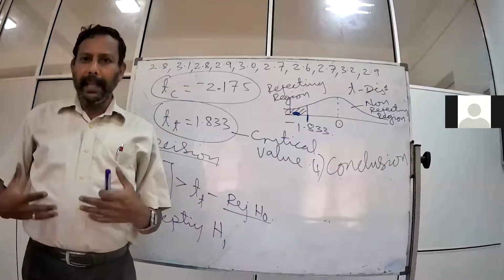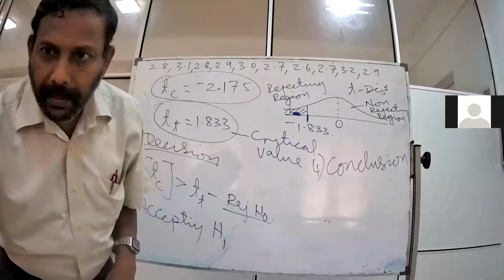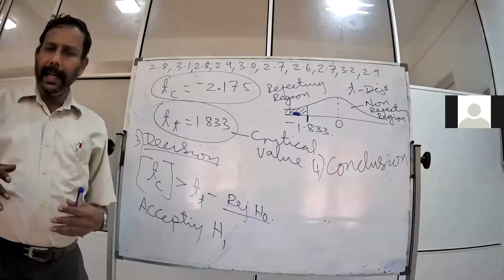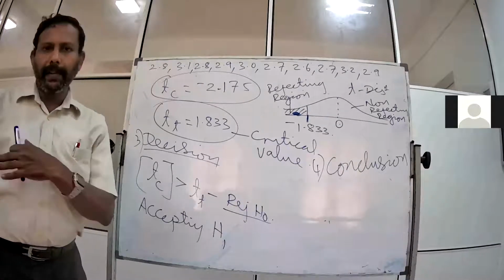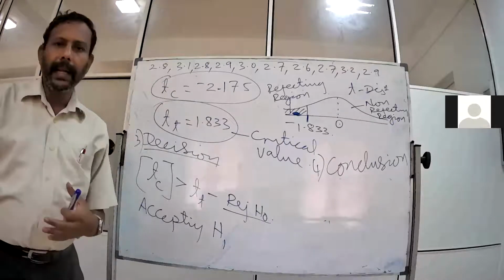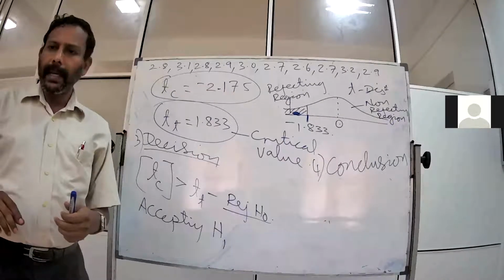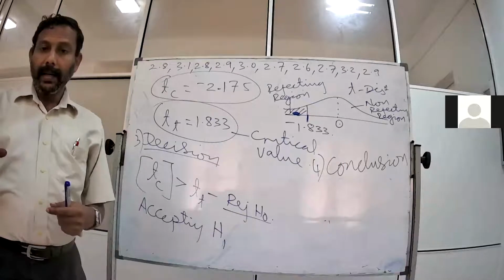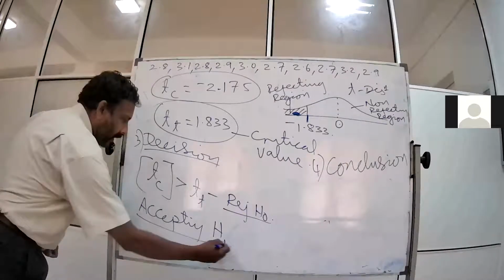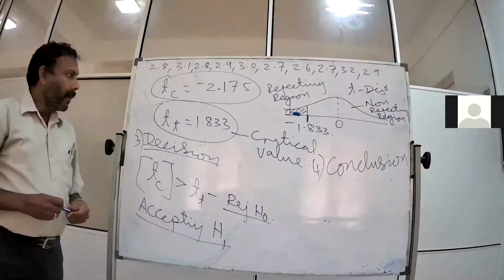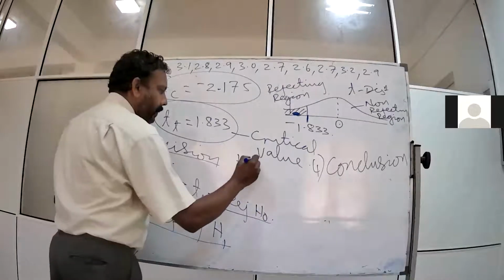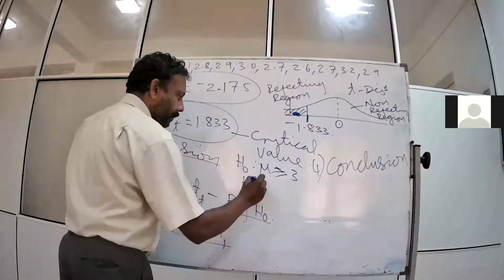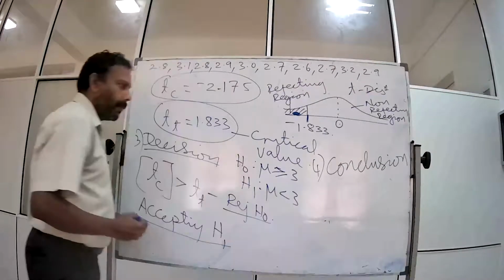Yes, my alternative. Accepting my alternative hypothesis means we come to a conclusion that the average EC content of the water is less than 3 microsiemens per centimeter. What are our null and the alternative?